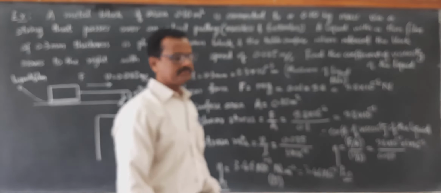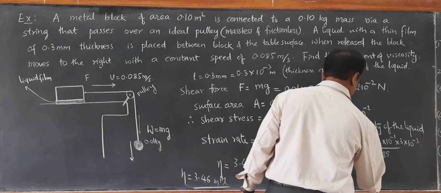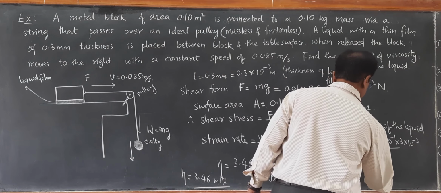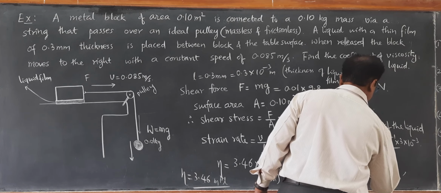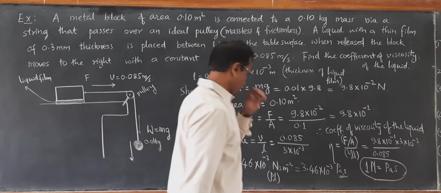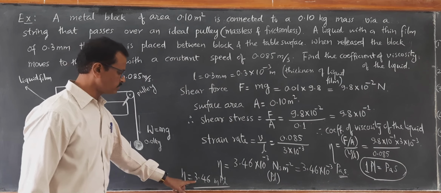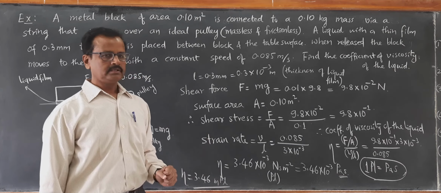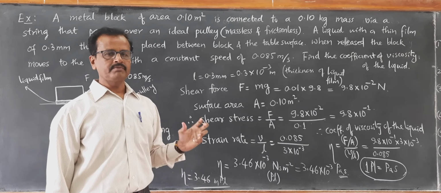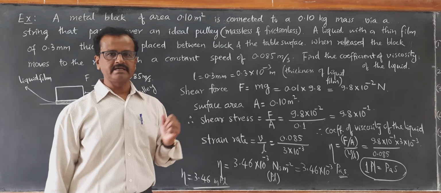One Poiseuille is equal to 1 Pascal second. So this is another way of expressing the coefficient of viscosity. Finally, eta is equal to 3.46 milliPoiseuille. This is how we make use of the given relation of the coefficient of viscosity with shear stress and strain rate.